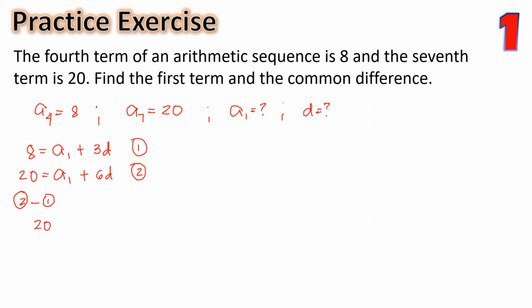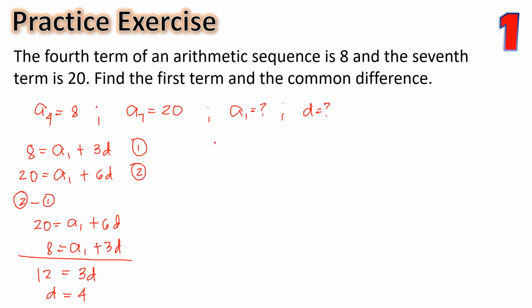So we have 20 is equal to a sub 1 plus 6d, and equation 1 is 8 equal to a sub 1 plus 3d. Subtracting term-wise, we'll get 12 is equal to 3d. Dividing both sides of this resulting equation, we get d is equal to 4.